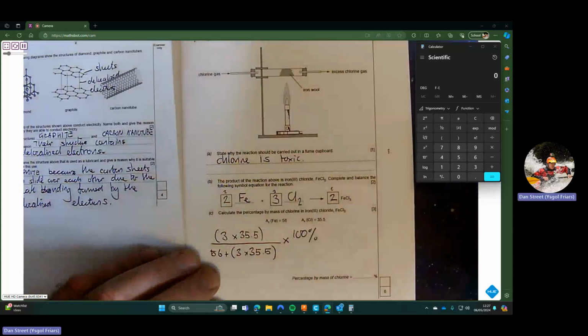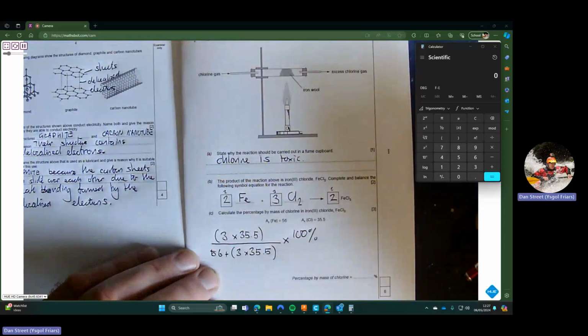So if we resort to our trusty calculator, so we've got the 3 times 35.5 equals 106.5, and then we're going to divide that by 56 plus 3 times 35.5, which of course I could have replaced with the 106.5, but there we go.